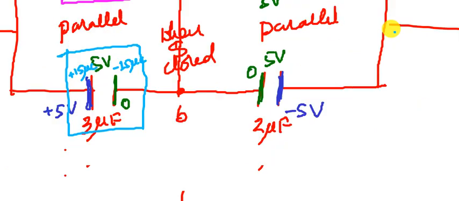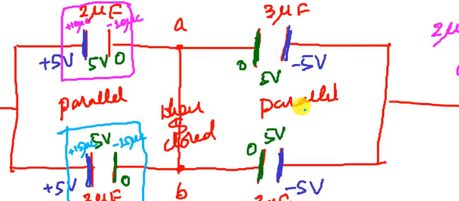So that means this capacitor again must store how much? So it also stores plus 10 microcoulomb on this side and minus 10 microcoulomb on this side.